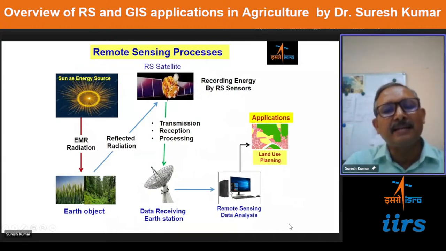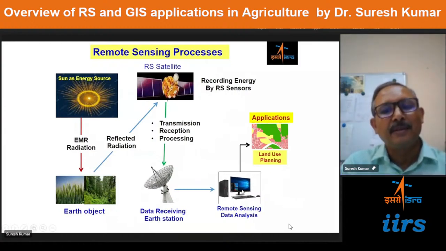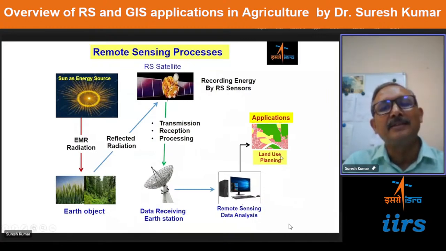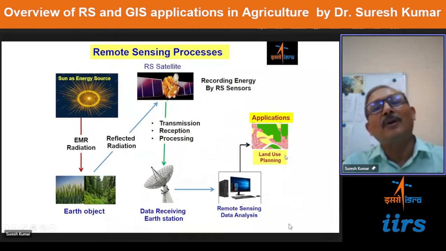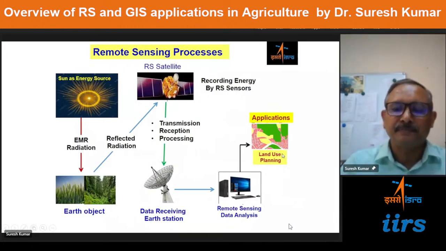The National Data Center sends this satellite data to us, the users. And in the computer, using image processing software, we analyze this data for various applications, for preparing an agricultural land use plan or other information.